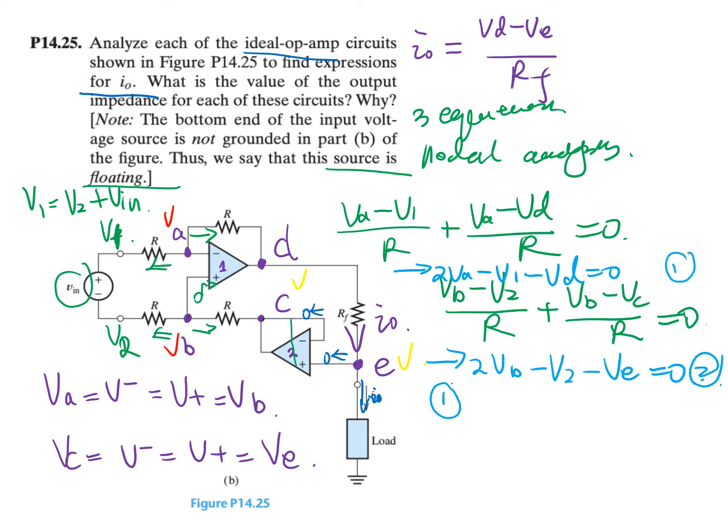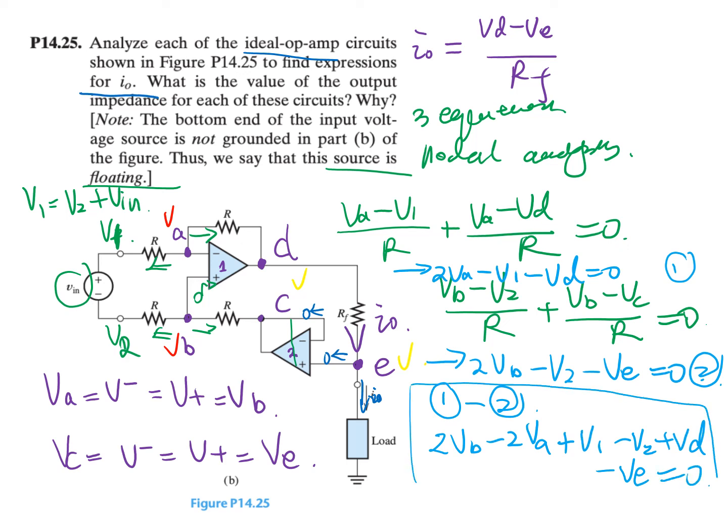If you do 1 minus 2, that is 2VB minus 2VA plus V1 minus V2 plus VD minus VE is equal to 0. The reason why we do this is because we don't know V1 and V2, only know their relationship here. So from this equation, we know that V1 minus V2 is equal to Vin.